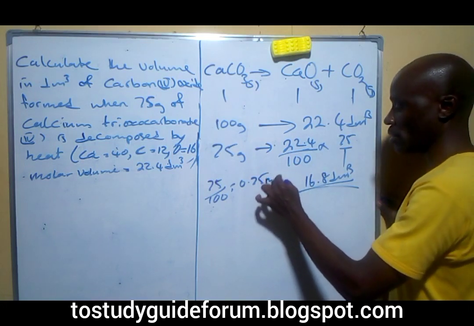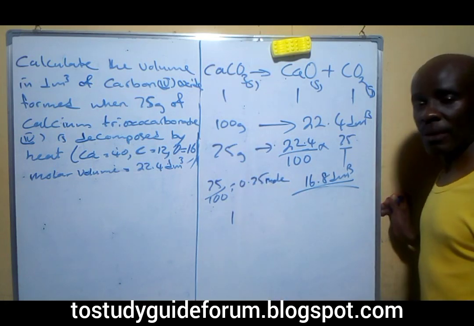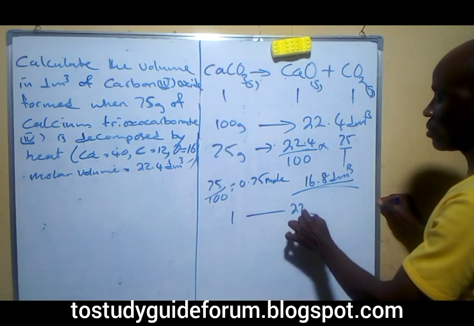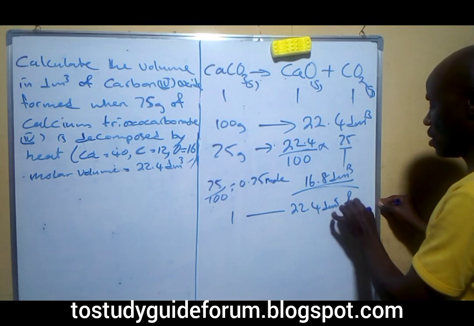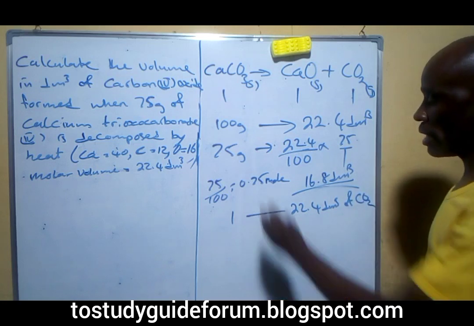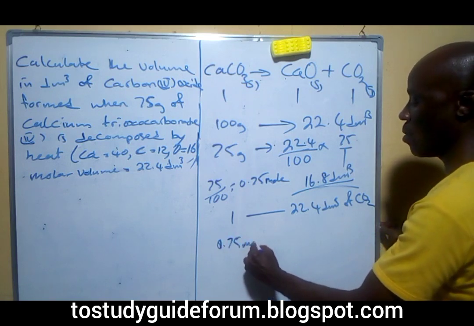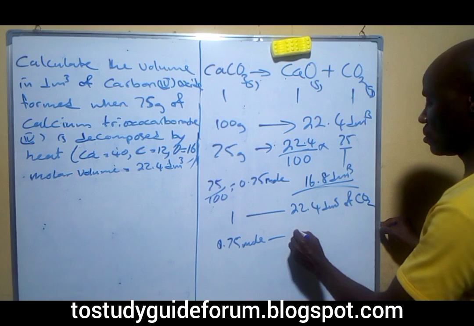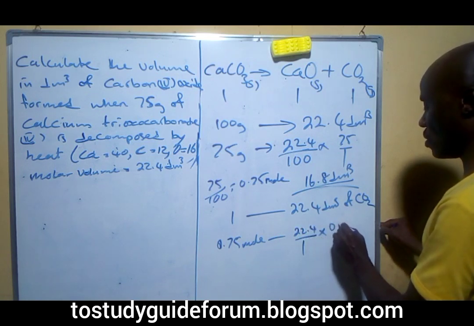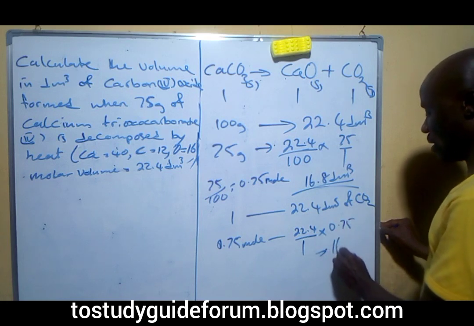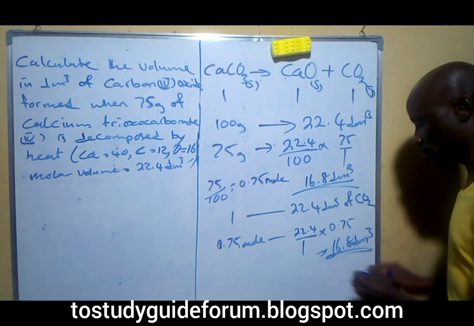What it means is that 1 mole of calcium trioxocarbonate(IV) will liberate 22.4 dm cube of carbon(IV) oxide. So 0.75 mole will then give us 22.4 divided by 1 times 0.75. That will give us the same thing as 16.8 dm cube.